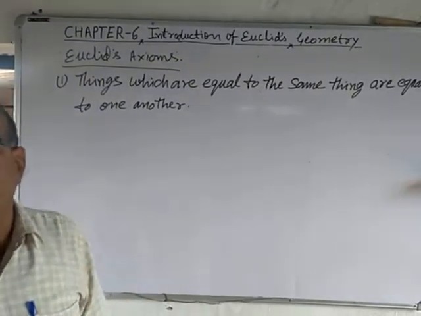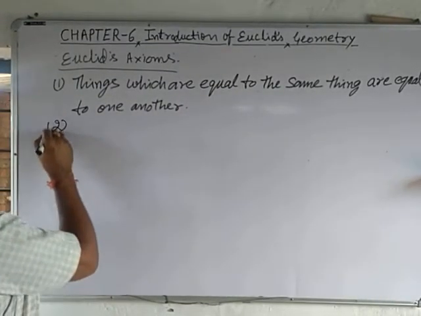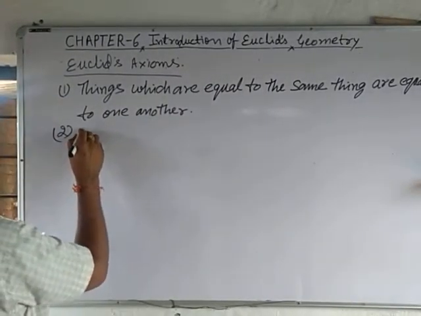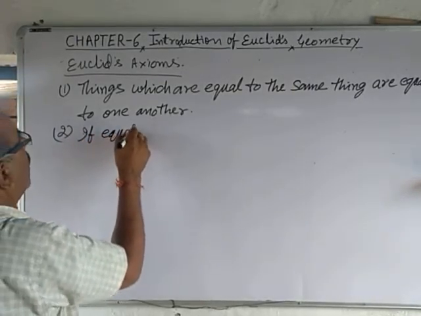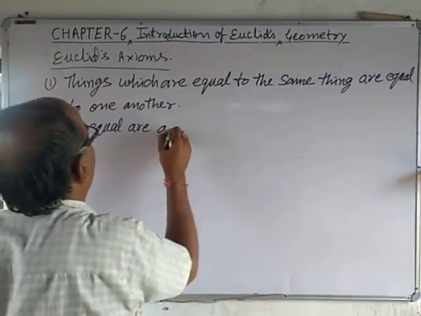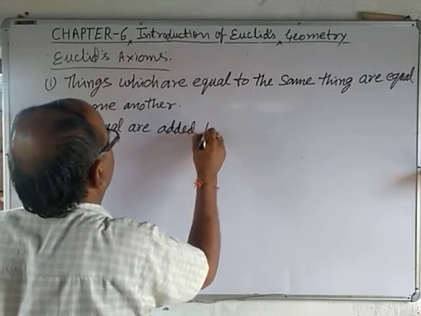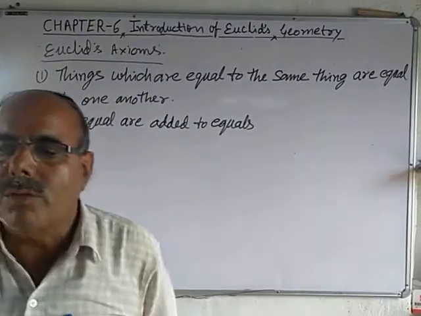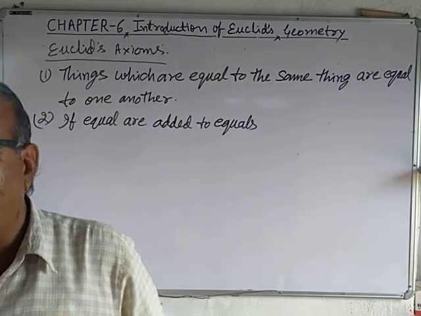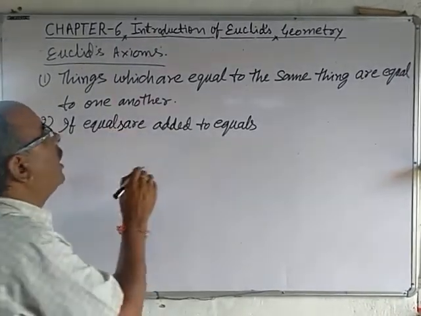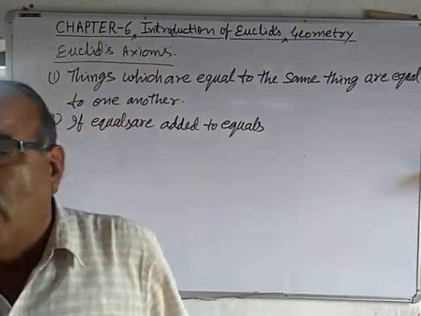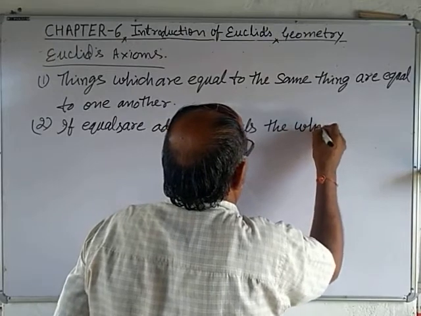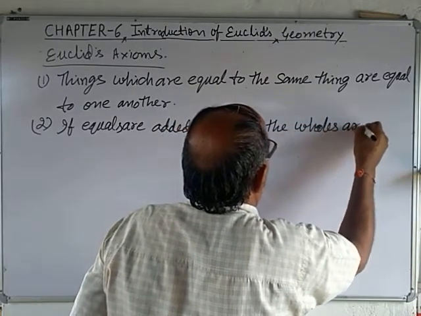And the next, second axiom: if equals are added to equals, the wholes are equal.